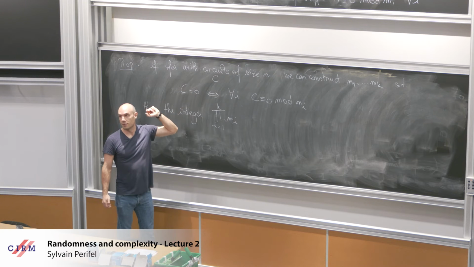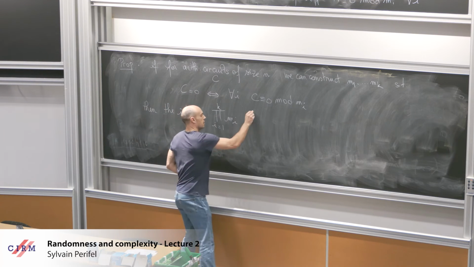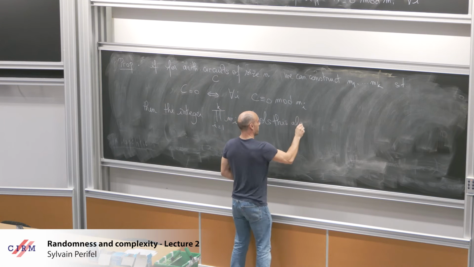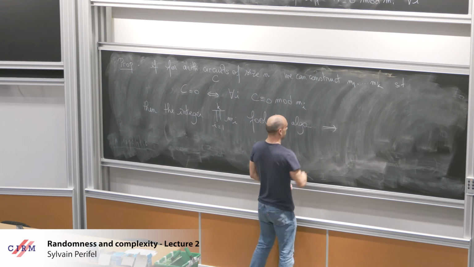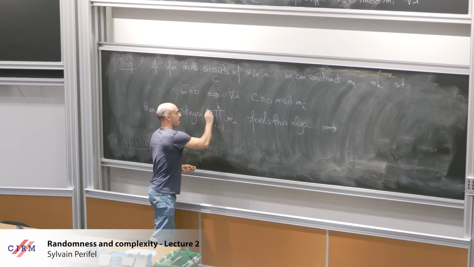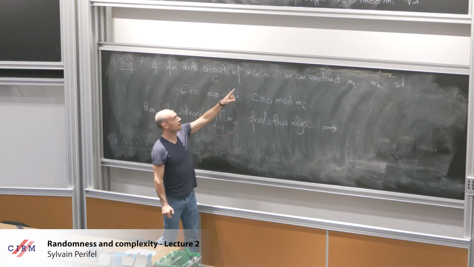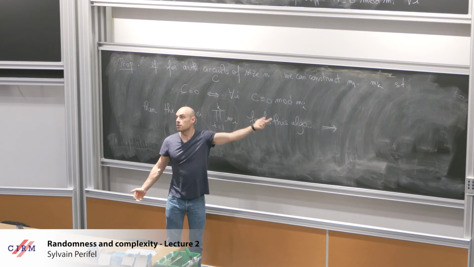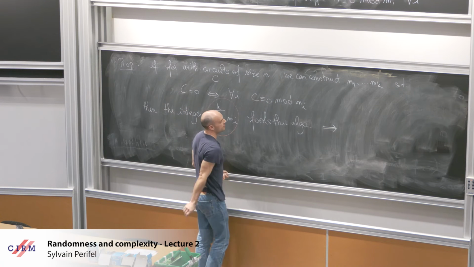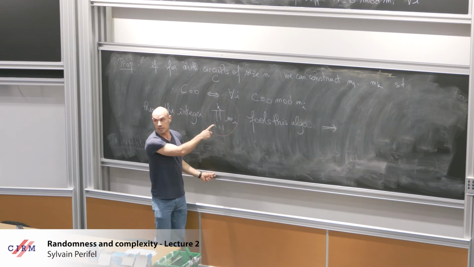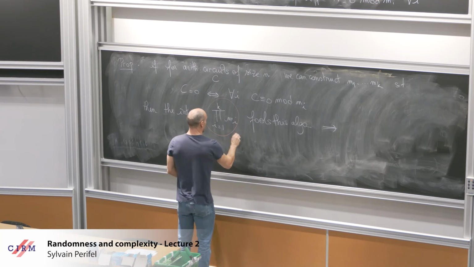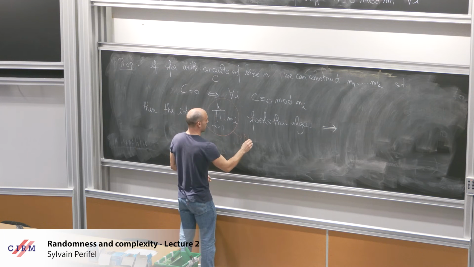It fools this algorithm. Hence, it means that actually this number here does not have arithmetic circuits of size n. It cannot have arithmetic circuits of size n because our algorithm works for all circuits of size n, and it is fooled by this. So it cannot have, let me call it, I don't know, N0, okay.